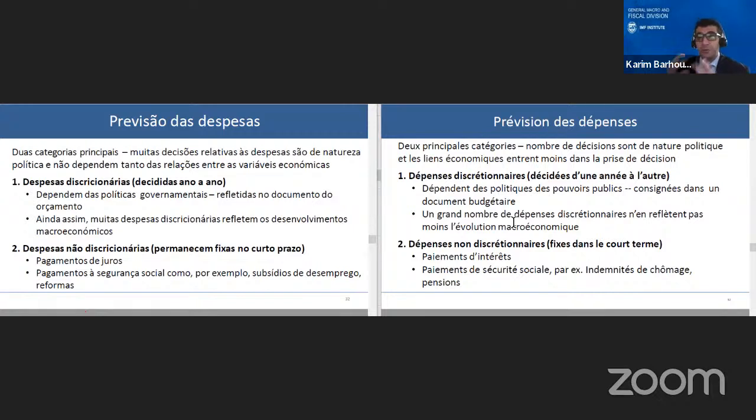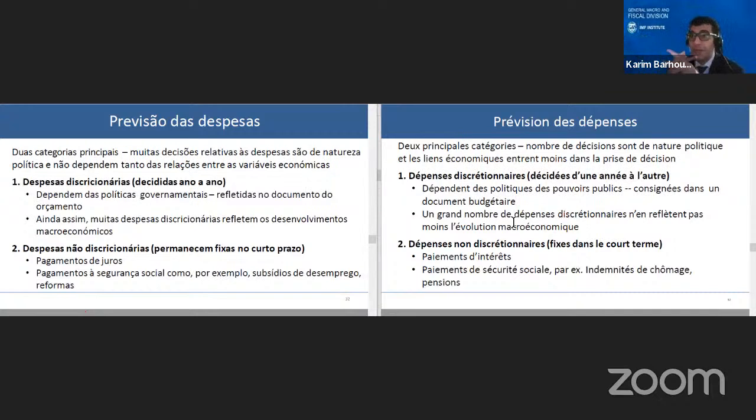What you have to look at first is the pre-announced change of the fiscal policy in the country: is the fiscal policy going to be loosening or tightening?